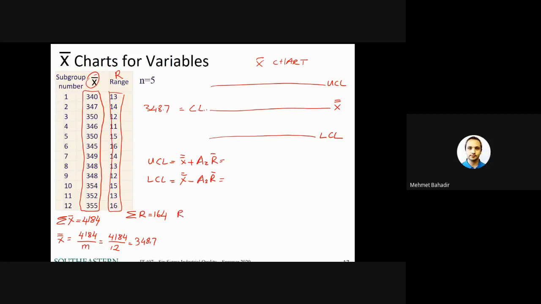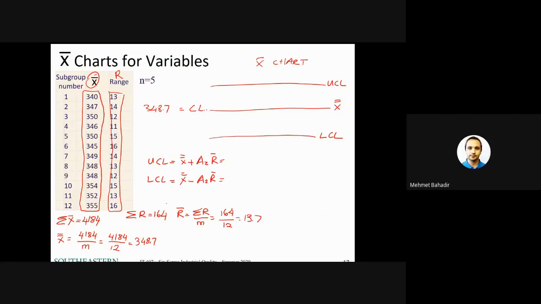And from here, what is R bar? R bar is all the sigma R values divided by the number of subgroups. So this is going to be 164 divided by 12. And this is going to be 13.7. So our R bar is 13.7.